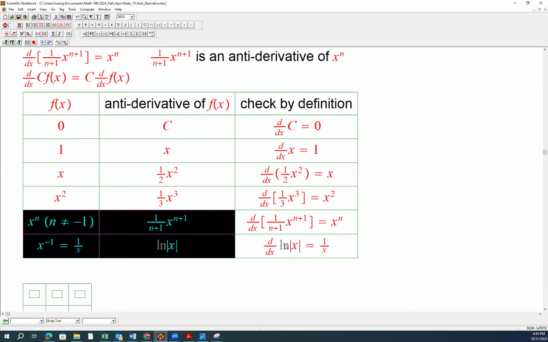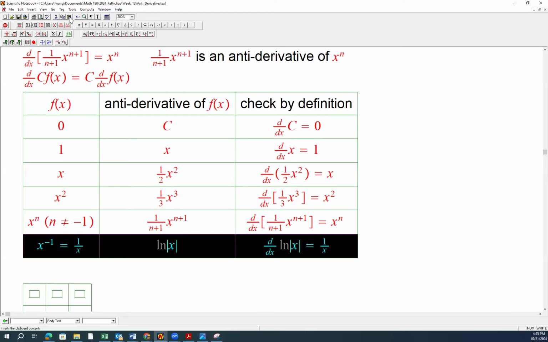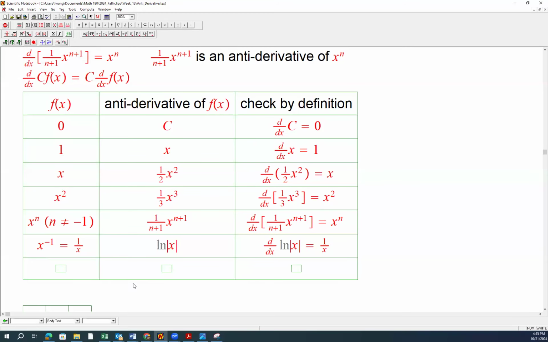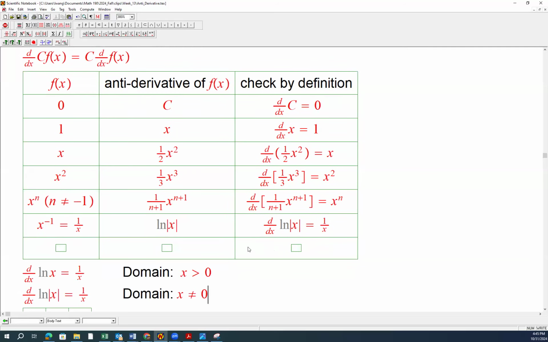Just add one more row for our information, for the general case. Of course, x cannot be 0.